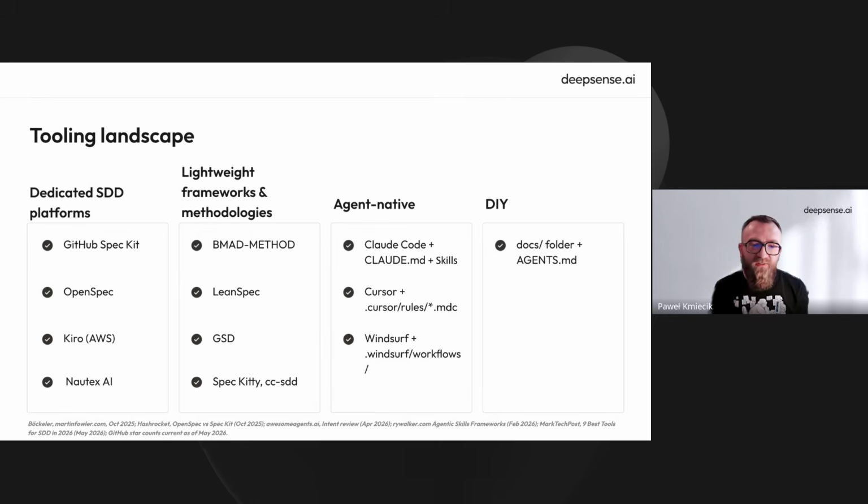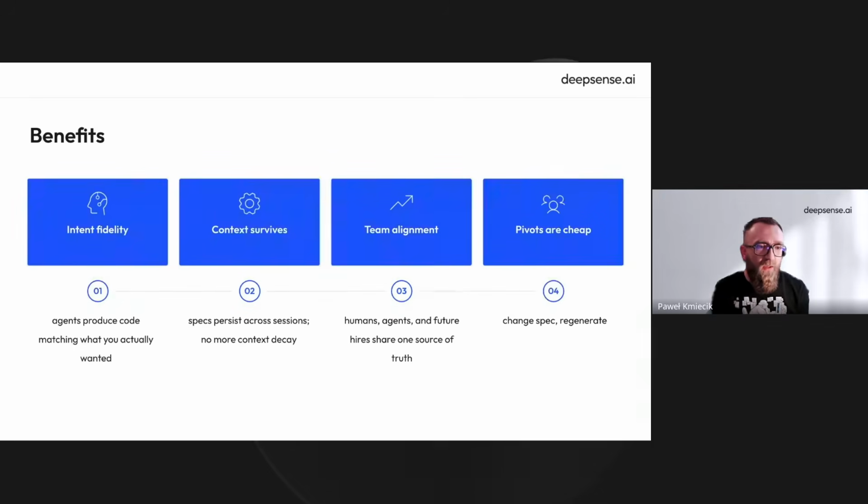Then we have agent-native things, so you can create spec-driven workflows using, for example, Claude skills. And just DIY: create specifications, put them in a docs folder, and reference them from AGENTS.md. That might work in many cases, maybe the simpler ones.